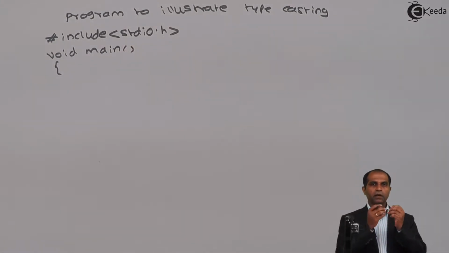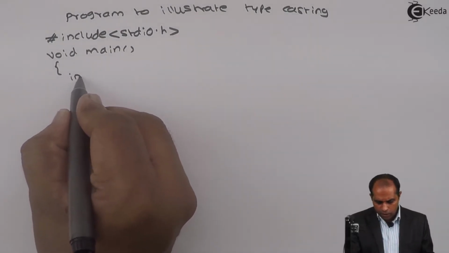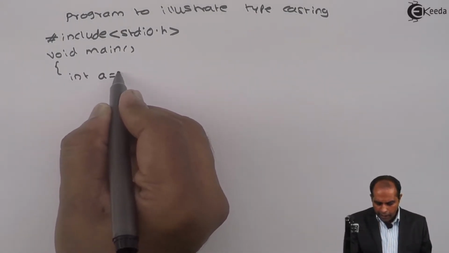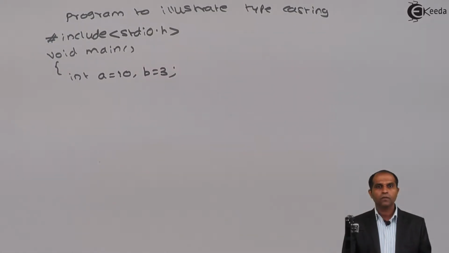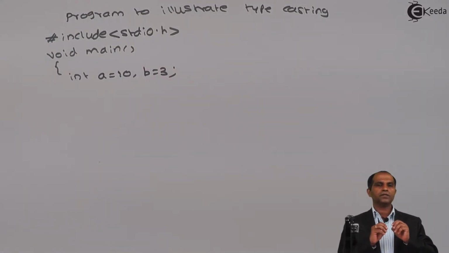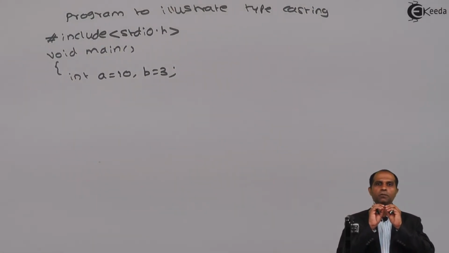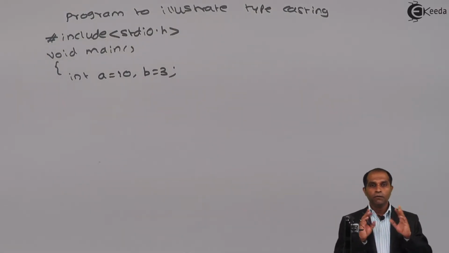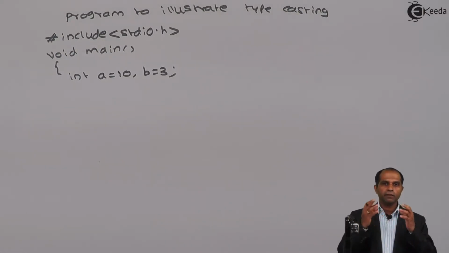Now, you can read the values from the user, or since this is an illustration program, I'll take int a as say 10 and b as say 3. Now, I wish to add, subtract, multiply and divide a and b, and it should display the results with proper messages. If you feel that why a as 10 and b as 3, you can take the values from the user.